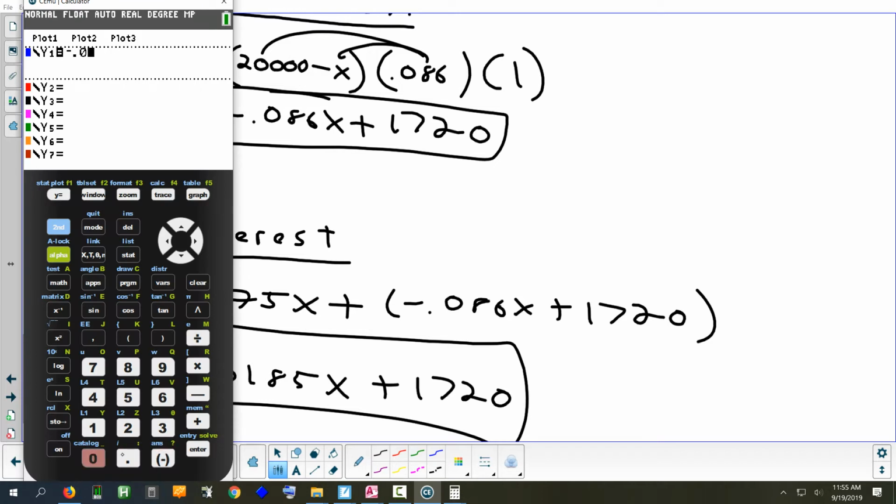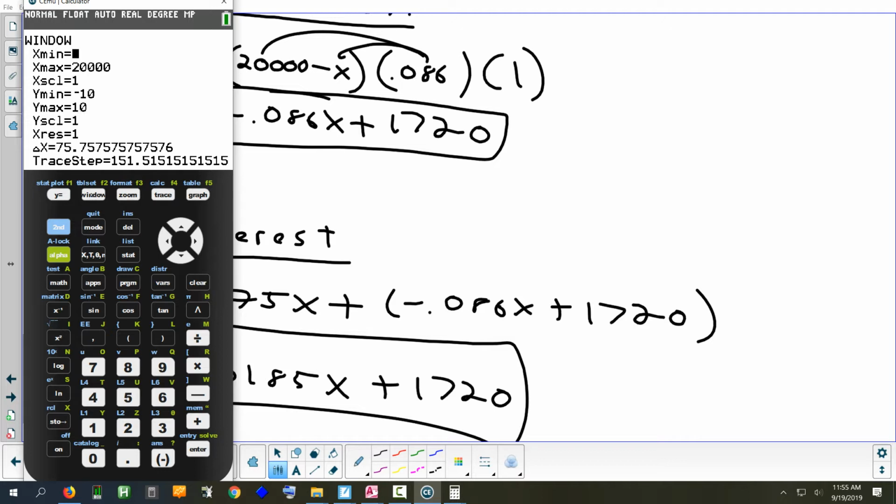Negative 0.0185x plus 1720. What is that 1720? If you think of this as like y equals mx plus b, the y-intercept. It's way up at 1,720. Am I going to see it on the screen? No. So I would set the y-max a little higher.